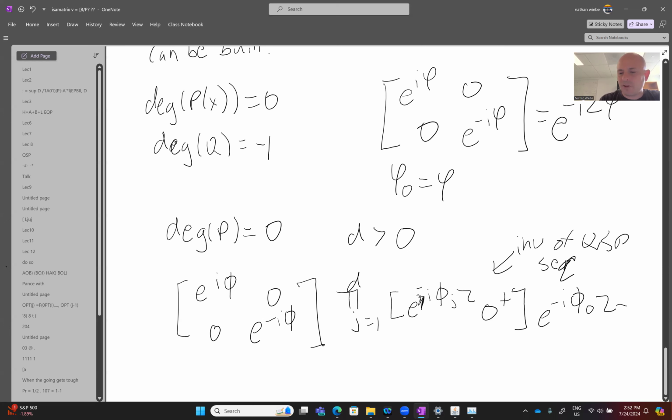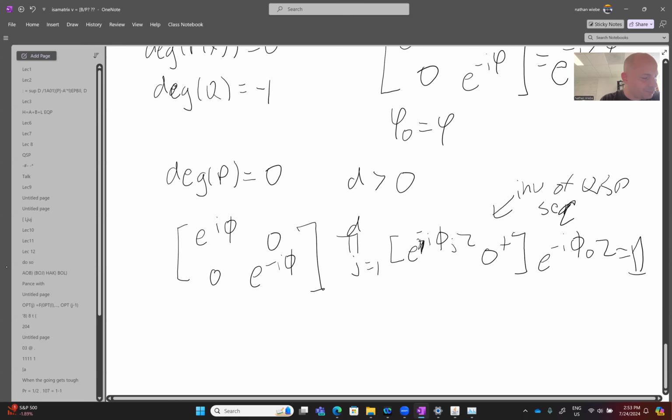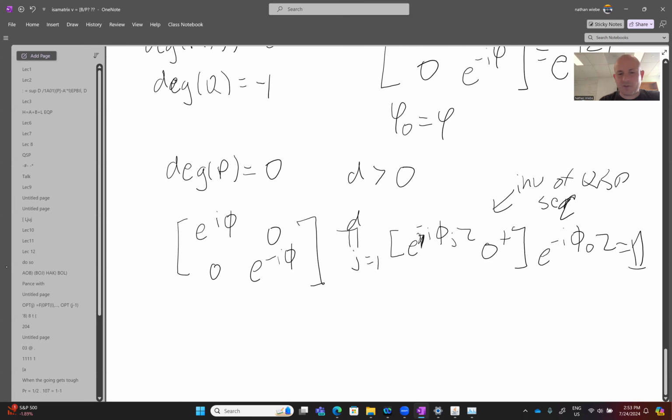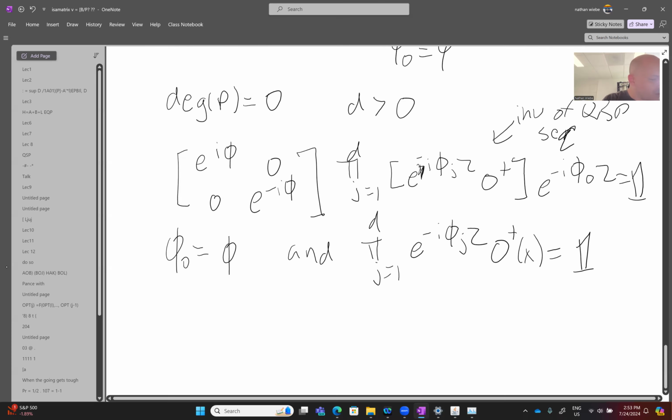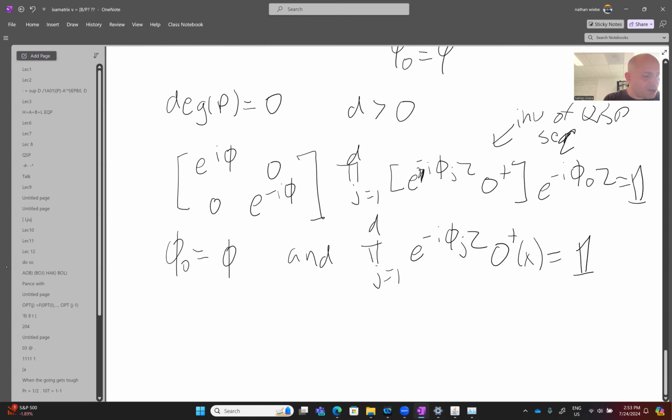And so if we want to build this, one way of doing it is to set this equal to identity. To set this to identity, we can pick phi 0 equals phi, and the product over j equals 1 to d of e to the negative i phi_j z O dagger of x equals identity. We can do this just by picking each of them to be 1.